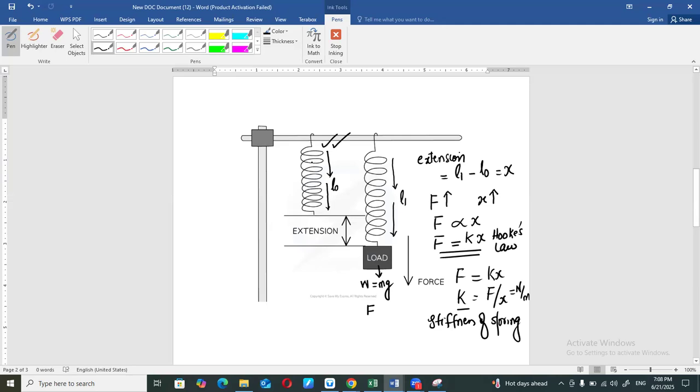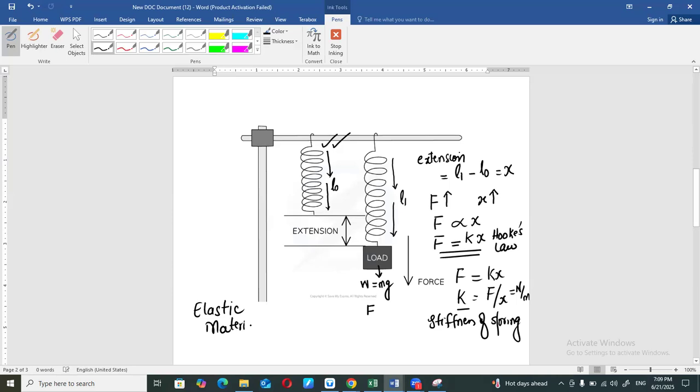If any object, after having a load attached to it, goes back to its original shape once you remove the load, we call that an elastic material.